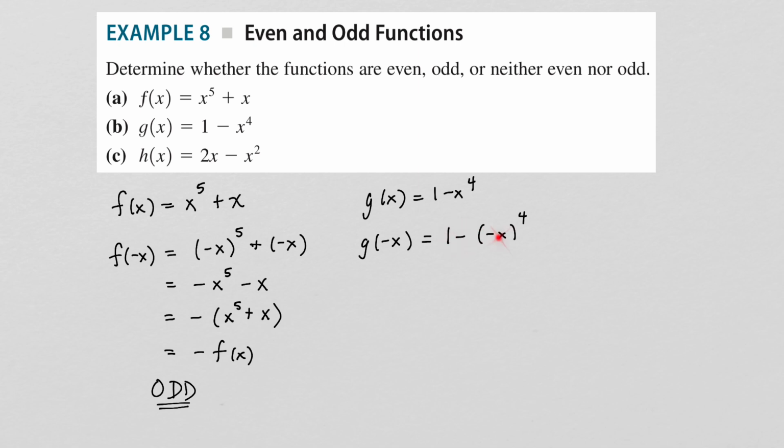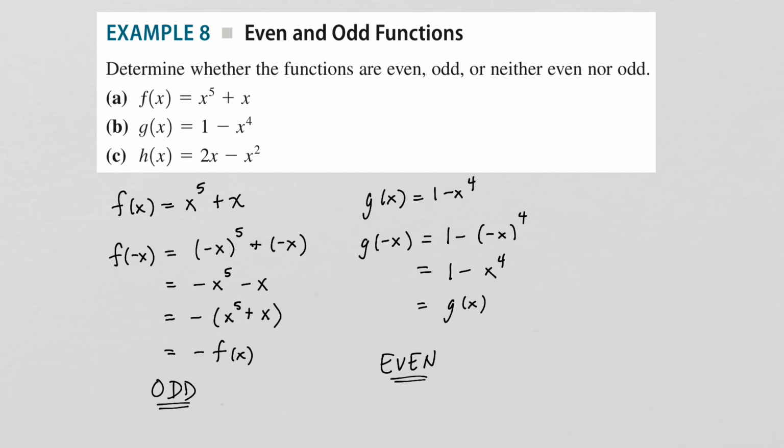So when you raise negative x to the fourth power, you actually get positive x to the fourth. However, there's still a negative right here. So this negative comes down, this negative goes away. And what you should notice is that this is exactly the same as your original function. So this is equal to g of x. And so that means g of x is an even function.